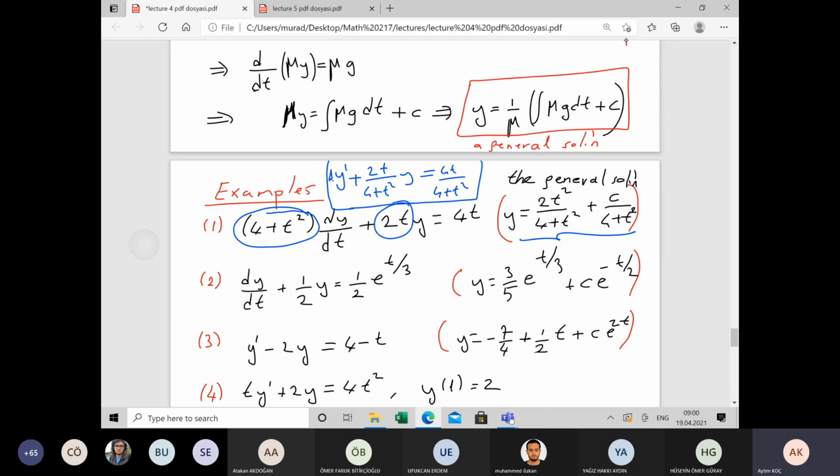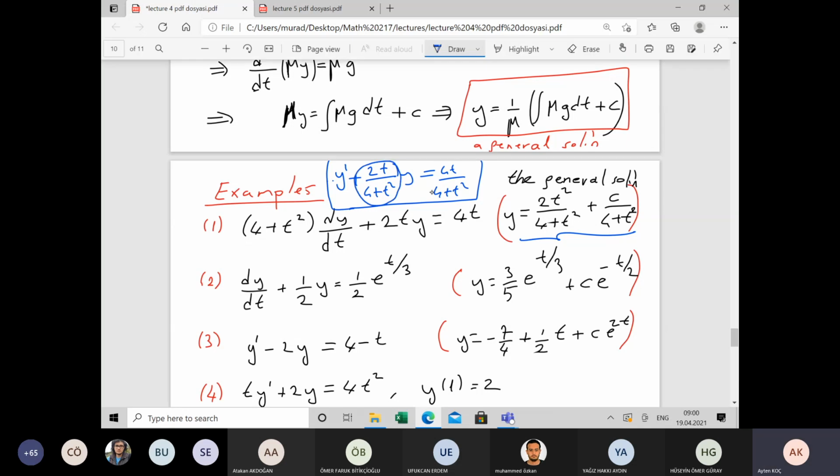So what's the P of t? Yes, P of t is this one, and G, the right hand side, is this one. Be careful.